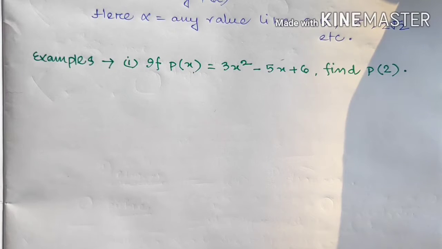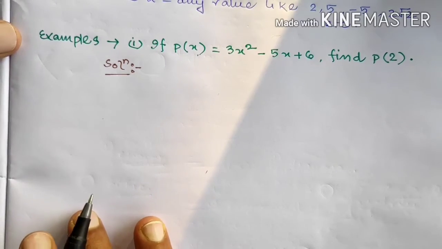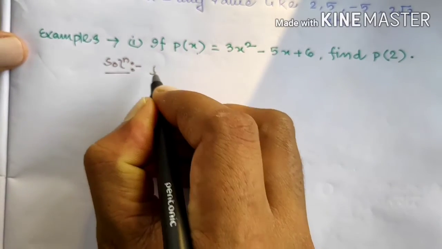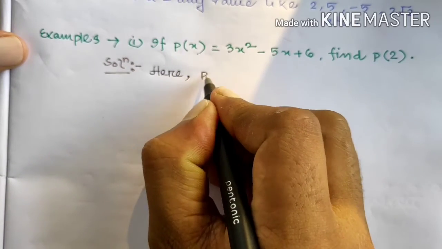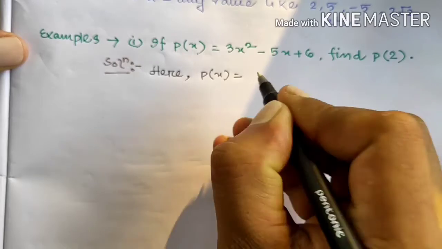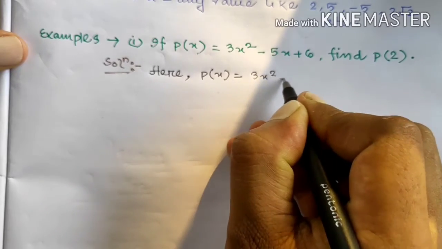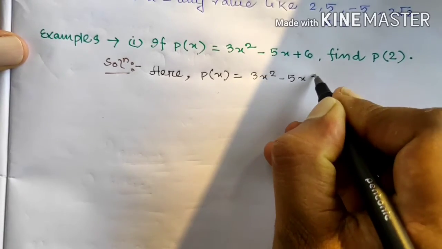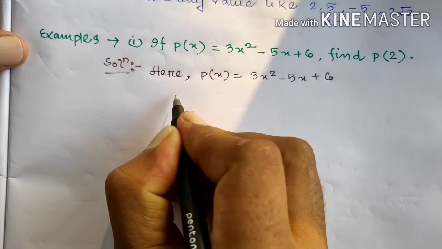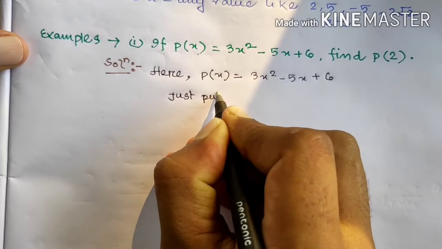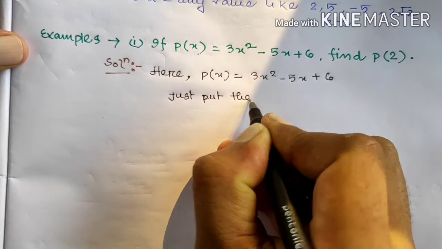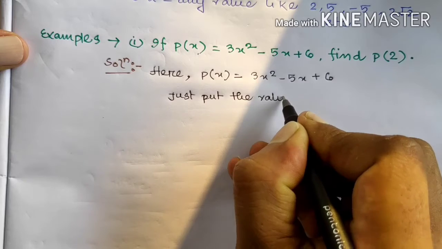For example, we have to find p of 2 if p of x equal to 3x square minus 5x plus 6. Let's solve it. Here p of x equal to 3x square minus 5x plus 6. Now just put the value 2 instead of x and you will get the answer.